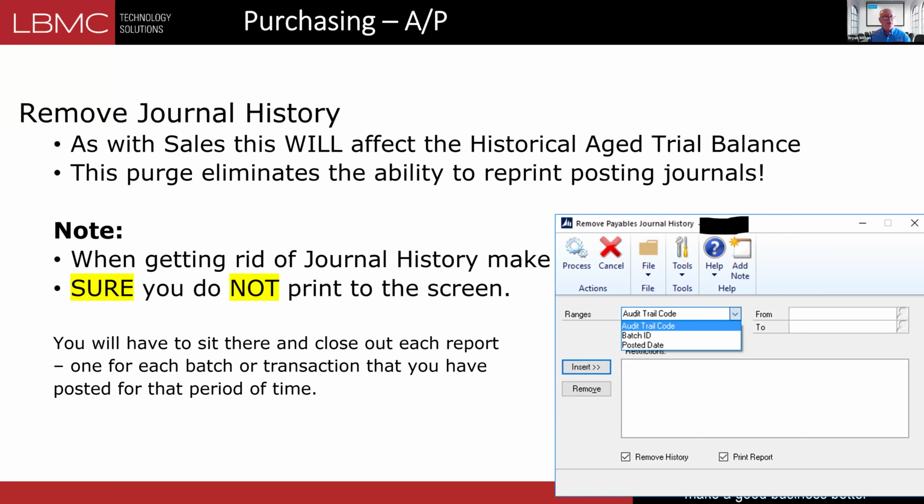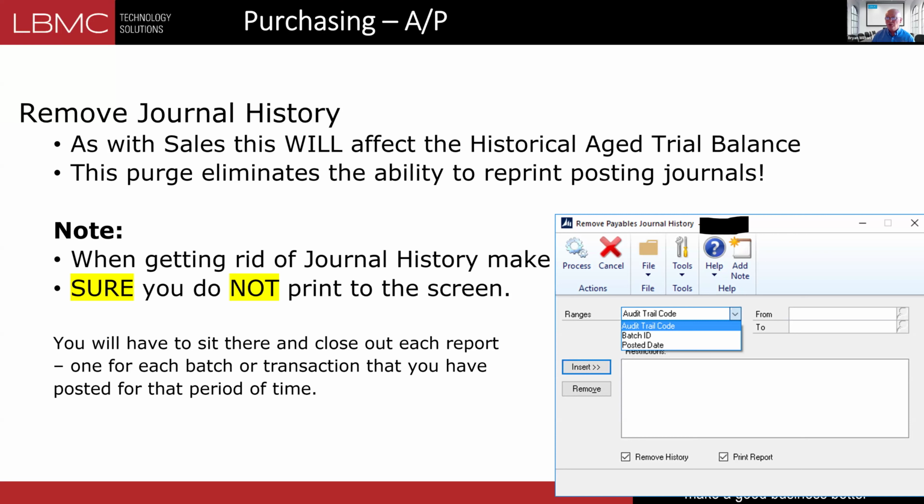But the whole idea is you shouldn't really ever have to go back to that report or any of these reports. You're removing history that is probably quite a few years old. So the idea is that you don't need that data. If you do need the data, then you probably shouldn't purge it. But these are just things to be mindful of.